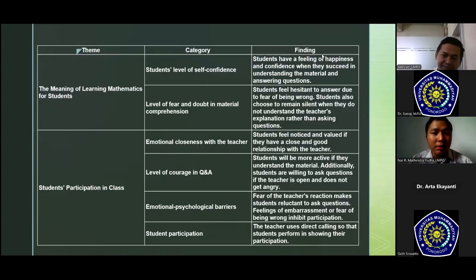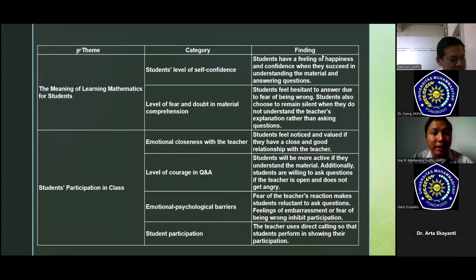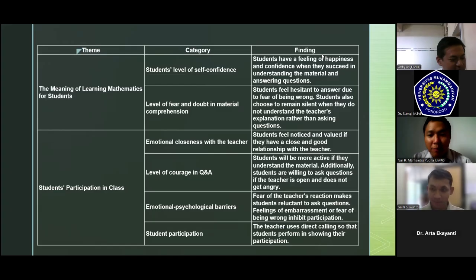That's also an interesting finding, because if they can manage their emotional state, it can boost their level of courage in asking or answering questions, or in general, their level of responding to certain stimuli.